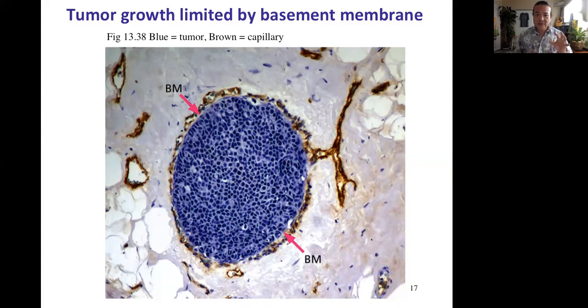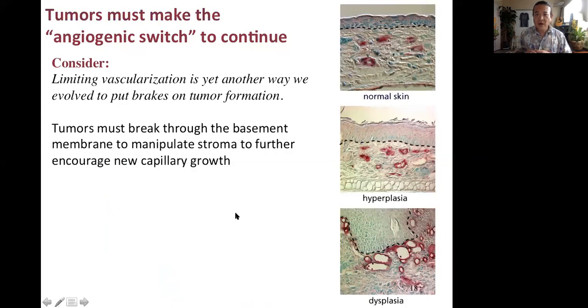So this suggests that the next step for this tumor to be able to really suddenly grow and expand has to do with breaking free of these limitations of the basement membrane, right? And importantly, being able to then really stimulate the growth of capillaries to supply a new capillary network inside of this tumor mass. And so we call this the angiogenic switch.